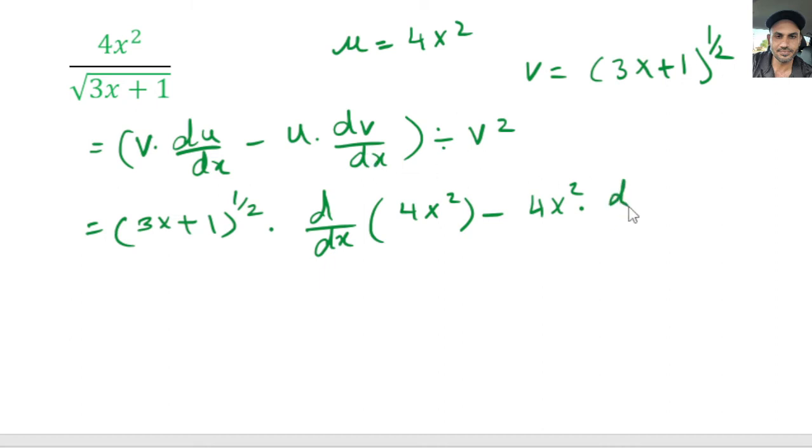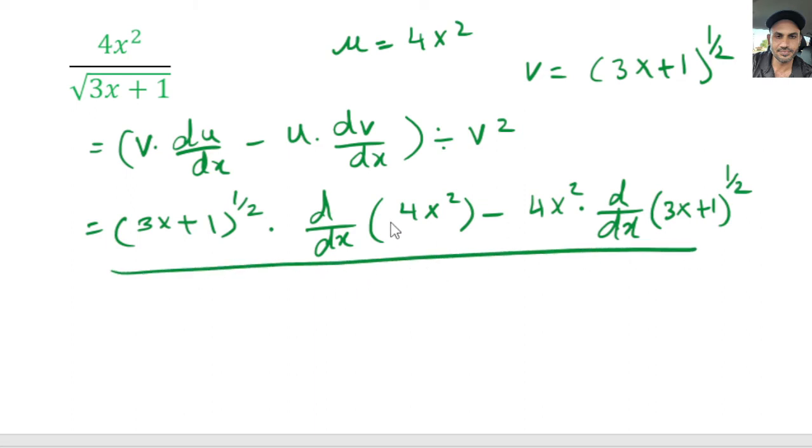So I'm going to substitute the expression for v here, 3x plus 1 to 1/2, okay, and everything divided by v squared. So v is 3x plus 1 to 1/2, and we want to take the square of that.